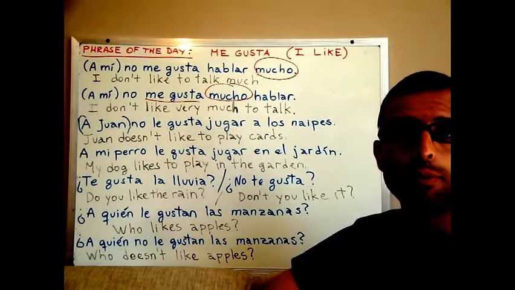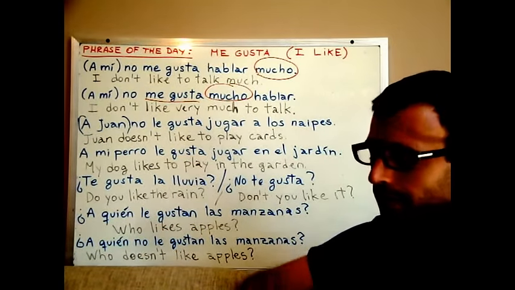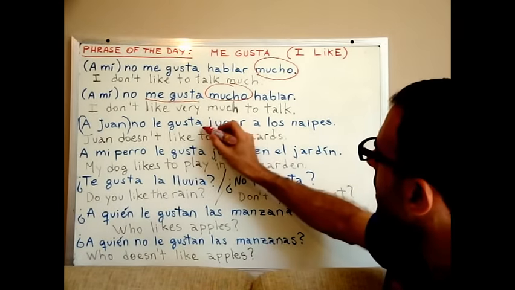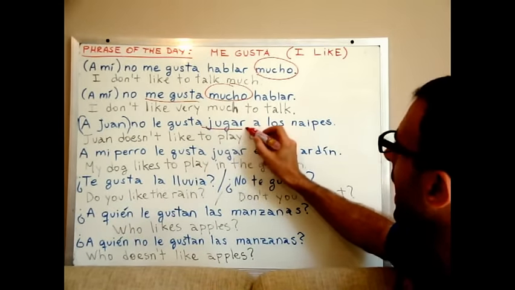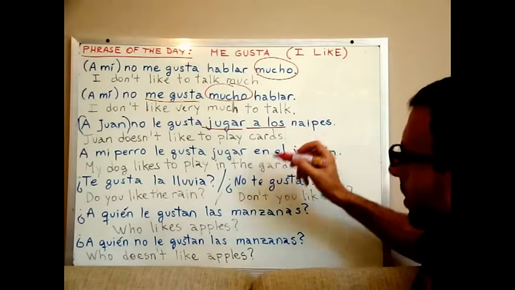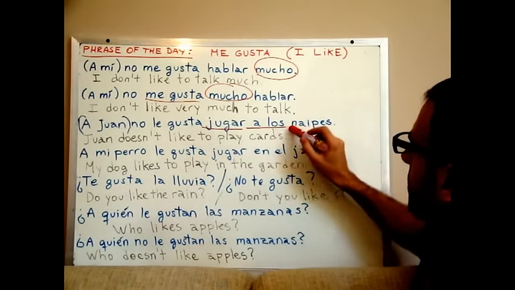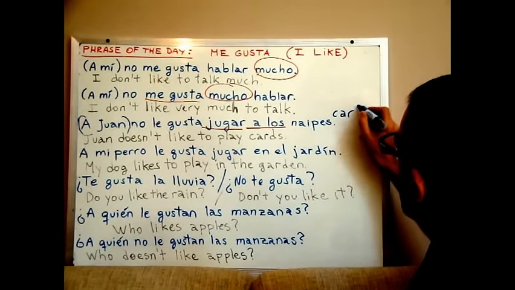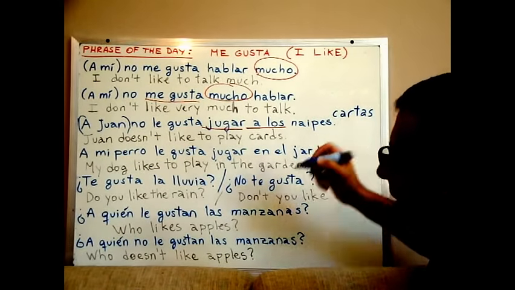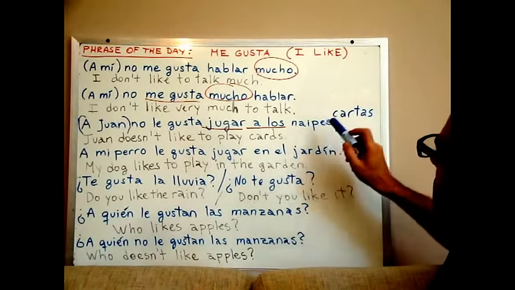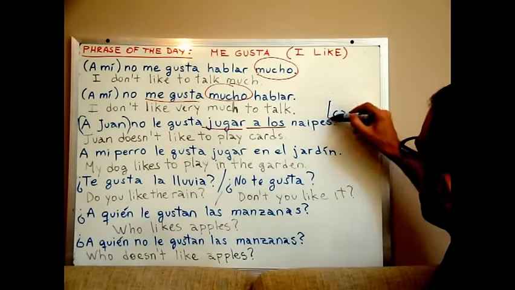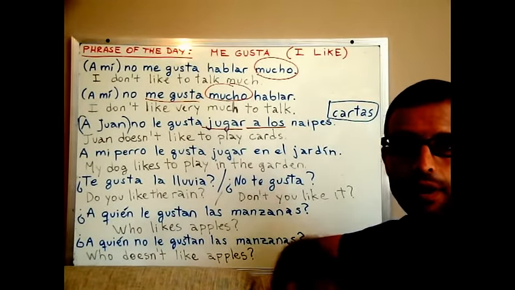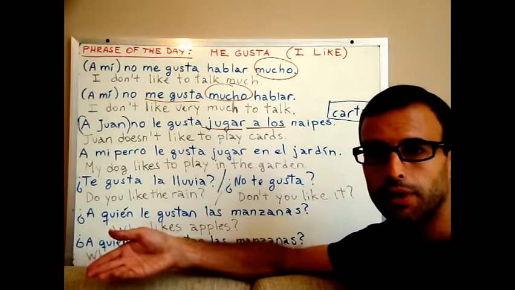The verb to play in Spanish is jugar. Jugar means to play. A los naipes, okay? Naipes or cartas means playing cards, right? Only that the word cartas also means letters, a letter that we write to somebody.